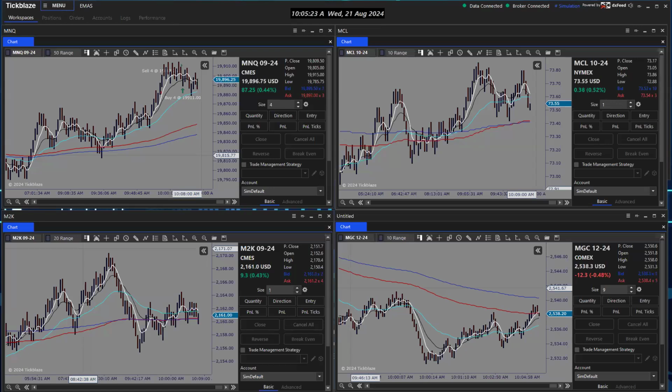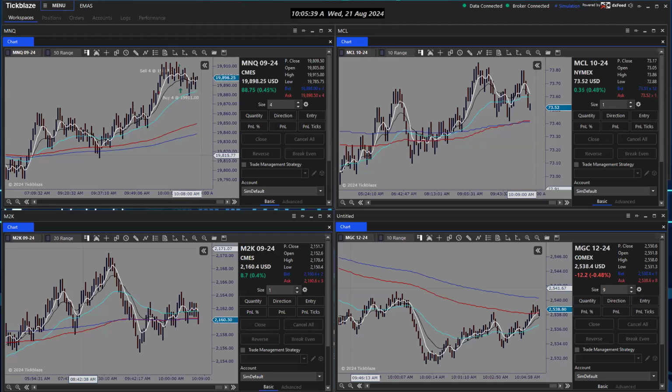No, for now we're using ETP, expert trade programmers. At some point we will have a trade copier built in, but that's kind of down the line. Yeah.